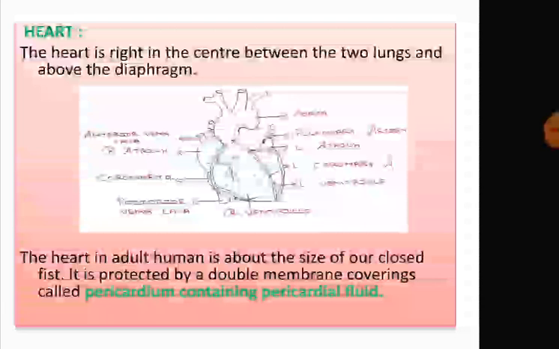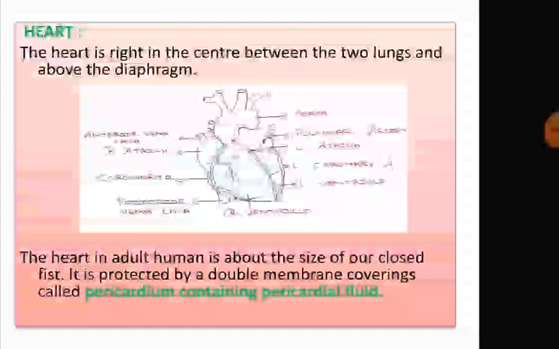The posterior vena cava brings deoxygenated blood from the lower portion of our body, including abdomen, legs, etc. So the right auricle receives deoxygenated blood through the anterior and posterior vena cavas from the upper and lower portions of the body.